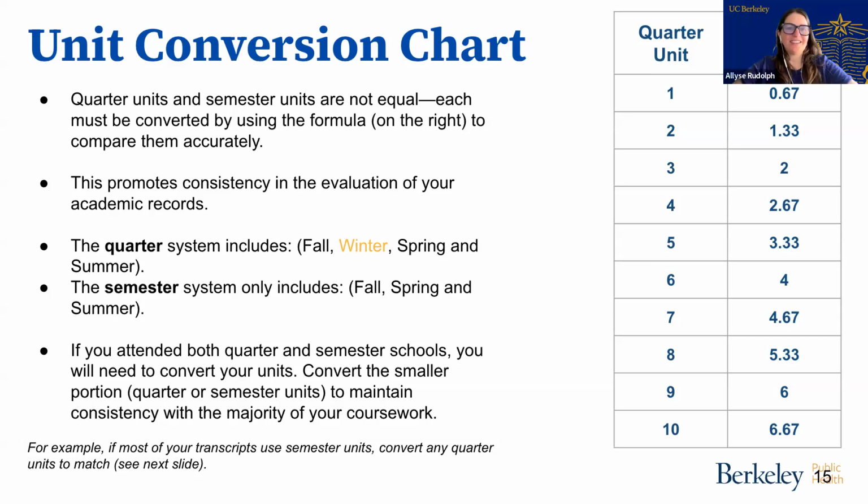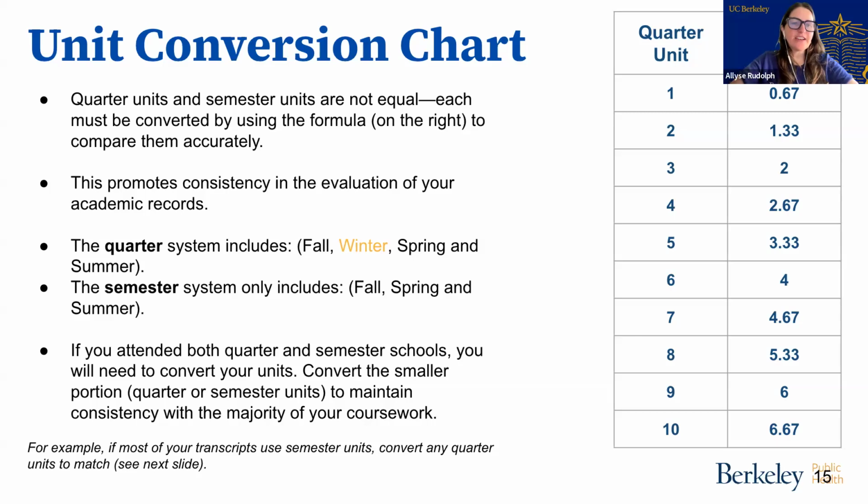Great. Yeah, so we mentioned this previously, but we do ask that all of your units be converted into semester units. The reason being that quarter units and semester units aren't the same. They're not equal. And we want to make sure that we're calculating your GPA accurately. So it's really important that we get everything converted into one unit of measure.